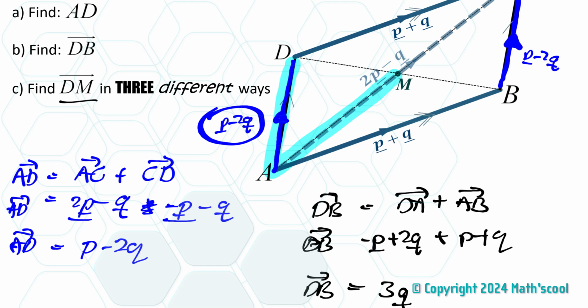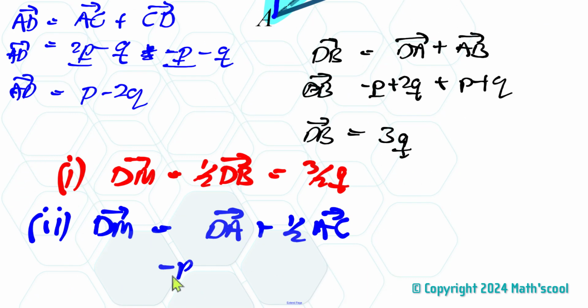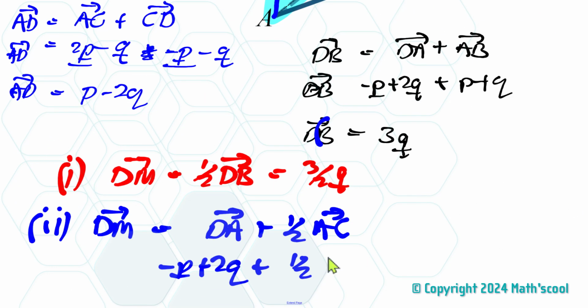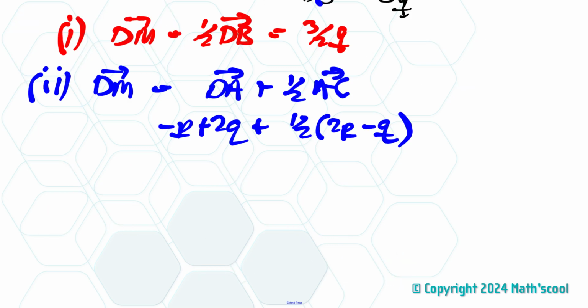So minus p plus 2q, plus a half of A to C. A to C was 2p minus q. And let's just tidy that up. That gives us minus p plus 2q, plus, multiplying that out, gives me plus p minus a half q.